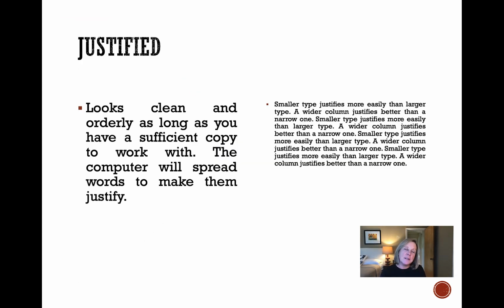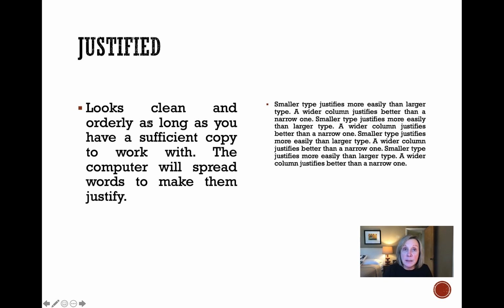And then we have justified alignment. Justified alignment is where the computer forces whatever text you are justifying to each edge of a column. It only works when you have smaller type and a wider column. In other words, the more words you have in a line for the computer to justify, the easier.